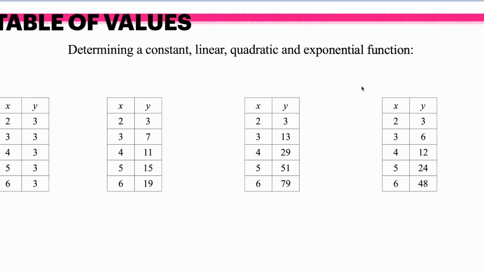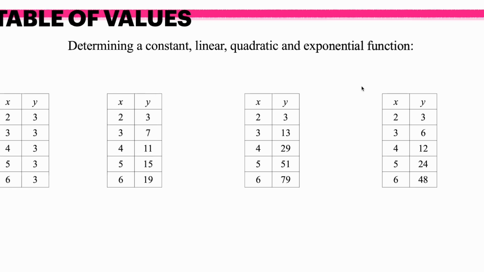Now, when you have a table of values, sometimes it may be difficult to figure out what type of equation the table of values could represent, whether a constant, a linear, a quadratic, or an exponential. There are others, but these are the 4 that we are going to discuss today. So the first table is actually considered a constant function.